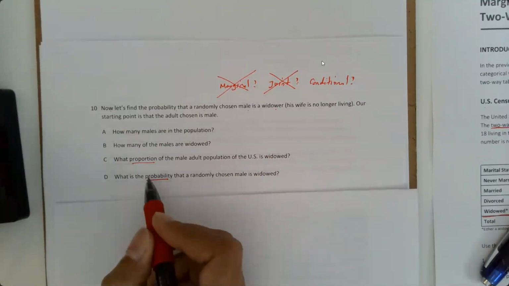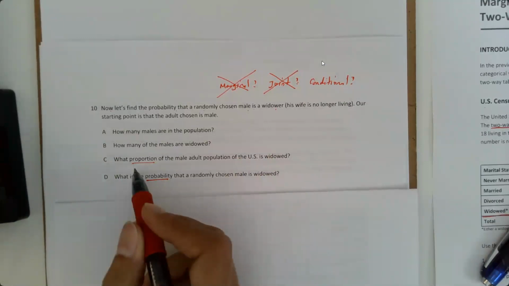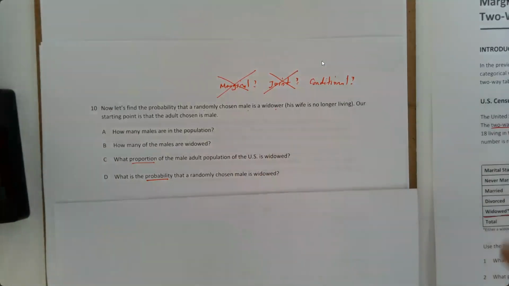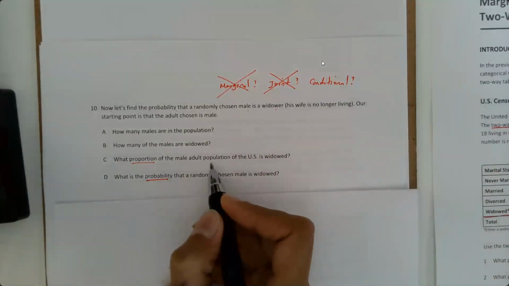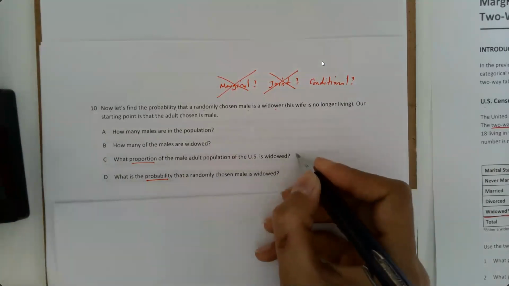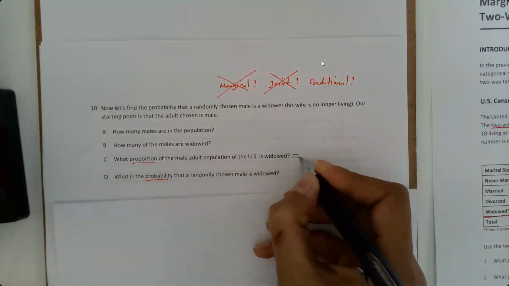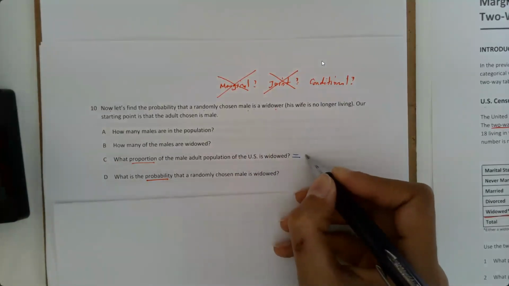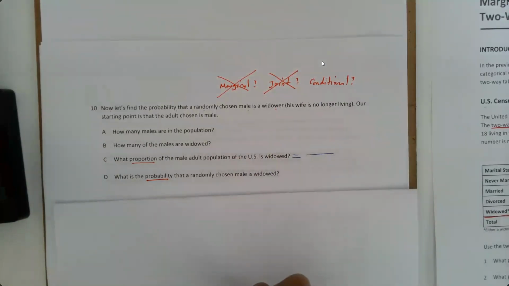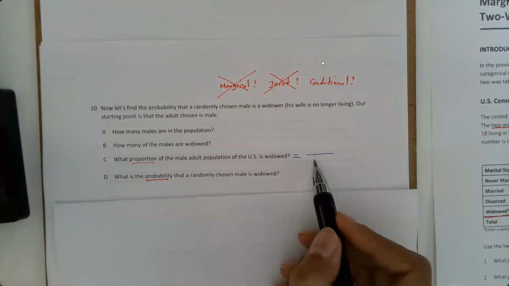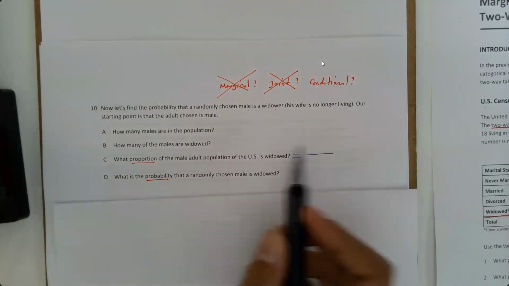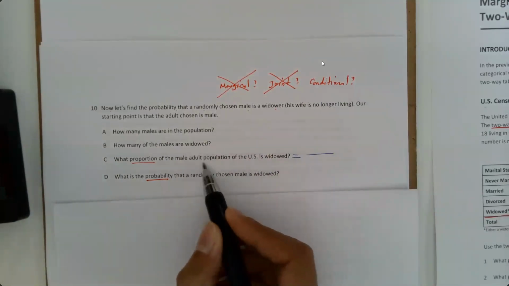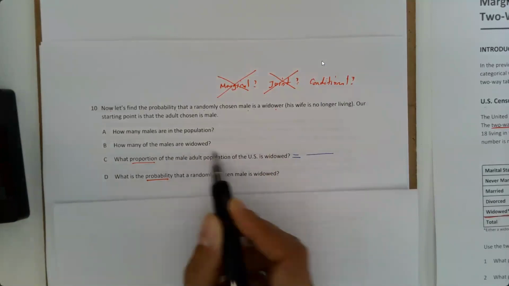Well, okay. It doesn't matter if you're calculating the probability or proportion. They are the same thing. The proportion of the male adult population of the US who is widowed is going to be, well, we have a fraction. On the denominator of the fraction, instead of having the whole population, we're just using the male population.